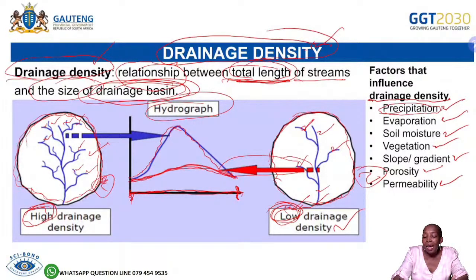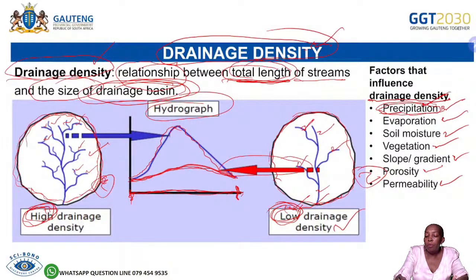The length of time that we experienced the rainfall will have an influence on the drainage density, on the number of streams that we can find, or the volume of water on the streams would be higher, because the saturation would say that there will be more streams flowing on the surface. So high precipitation has the impact of high drainage density.